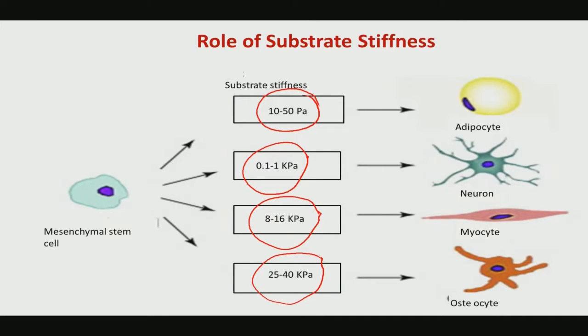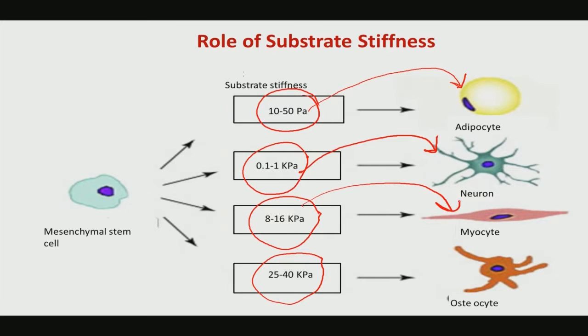By varying the substrate stiffness, they were trying to understand how bone marrow derived human mesenchymal stem cells can differentiate in a stiffness dependent manner into different cell types. What they found is quite intriguing. When they grew the stem cells on 10 to 50 Pascals, less than 100 Pascal, these stem cells differentiated to adipocytes. At 0.1 to 1 kilopascal, they had very characteristic features of neuron-like cells, neurogenic differentiation.